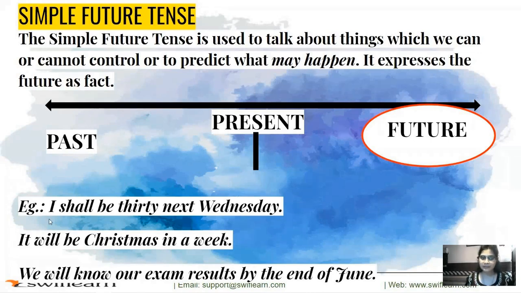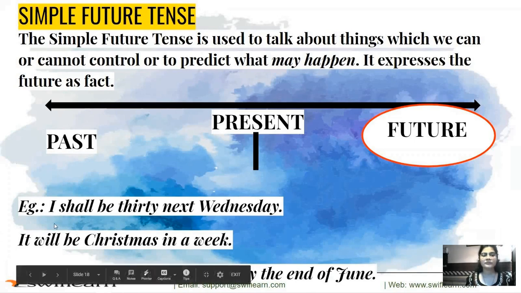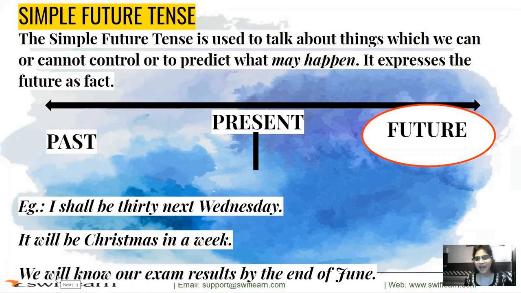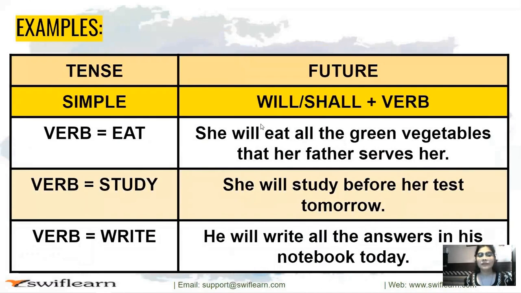Let's take some examples. I shall be 30 next Wednesday. It will be Christmas next week. I hope you understand the three different time periods of past, present, and future. The rule is, when we talk about future, we will use will or shall plus verb.